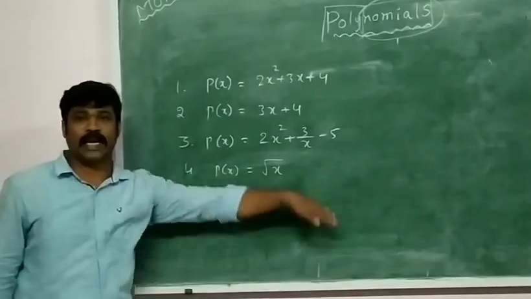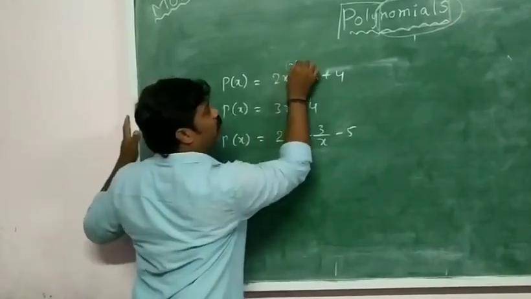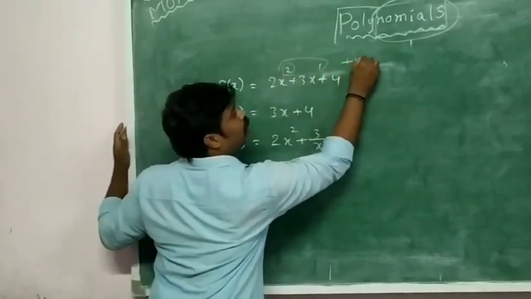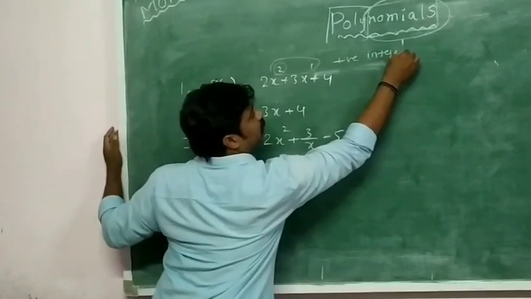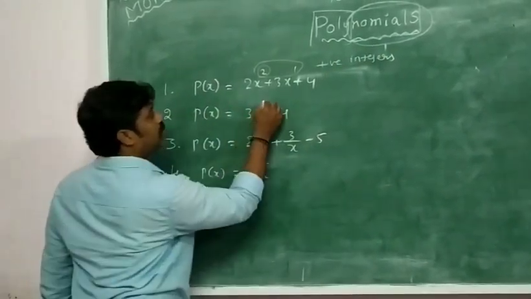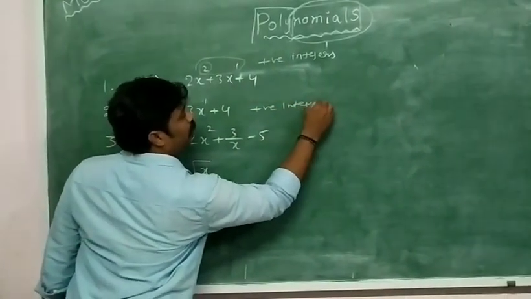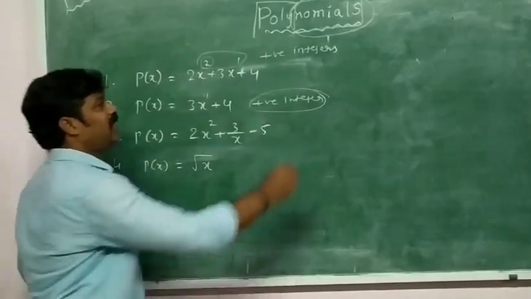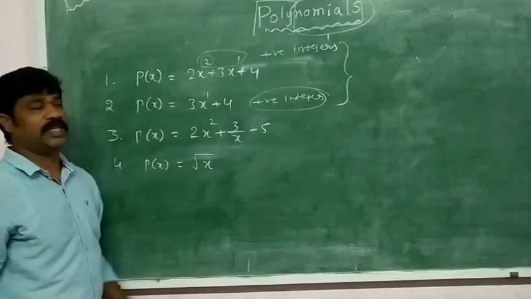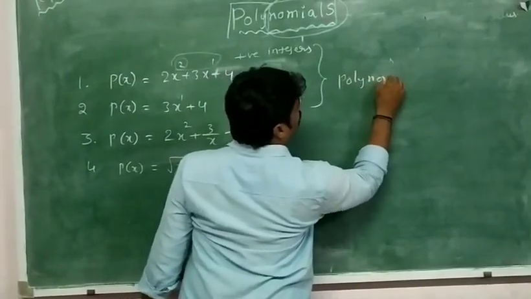If you observe the first example, the powers are x square, 2, and here 1. Both are positive integers. Similarly, in the second example, here also we have 1, so it is also a positive integer. So we can say that these two examples belong to polynomials because the powers are positive integers. It is not a negative integer. So both are polynomials.